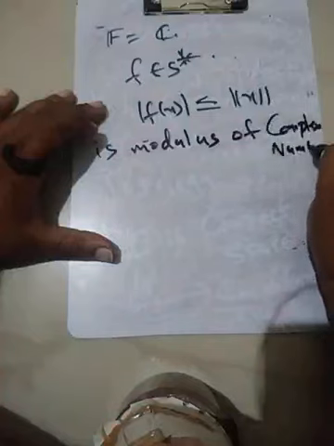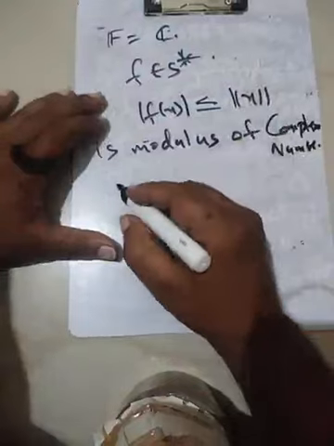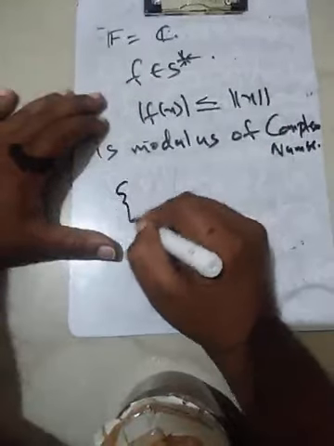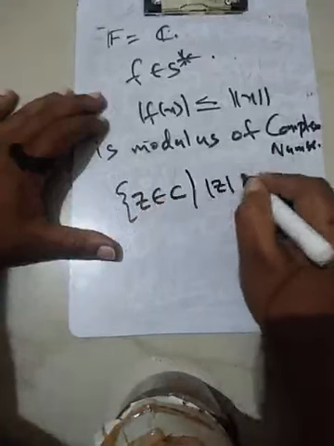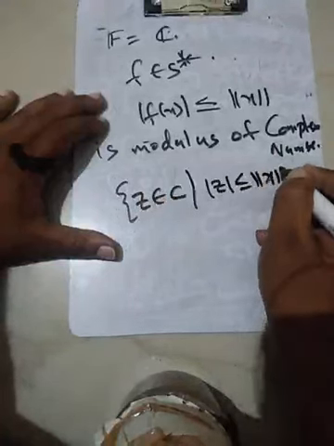Now this modulus is a modulus of a complex number, and hence we have to consider the disks: all z belonging to C such that mod of z is less than or equal to norm x.